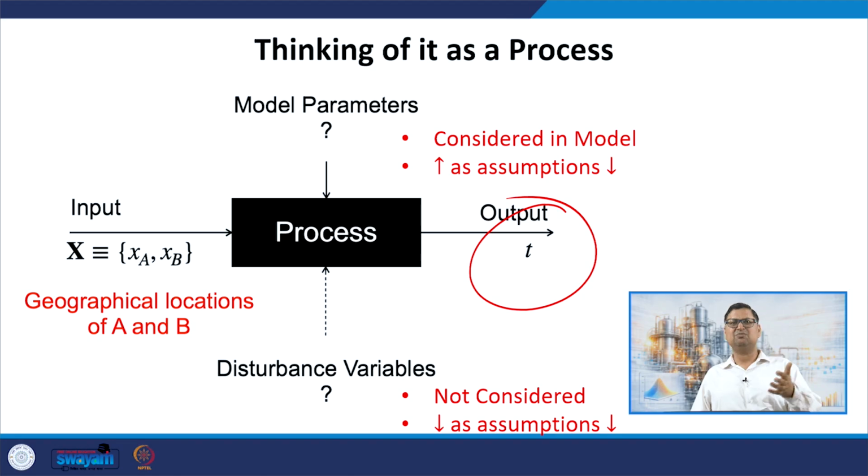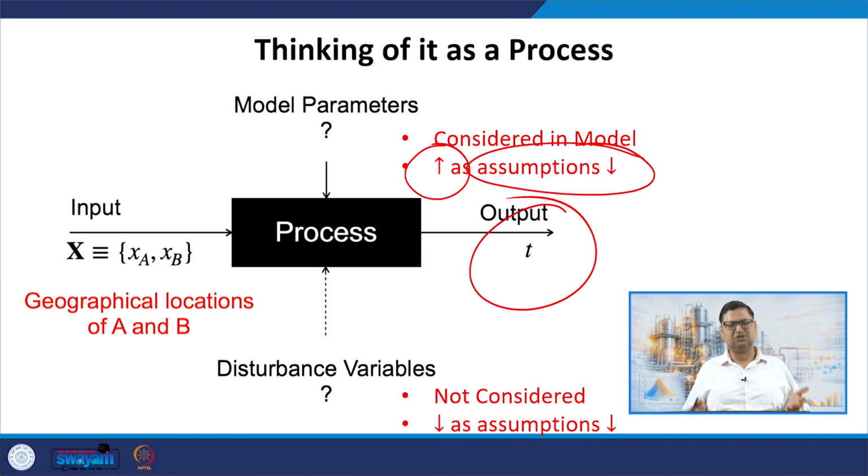And now I will introduce the model parameters. In the sloppiest model, I will have very few model parameters, as little as possible. Then as soon as I add more and more complications, the assumptions are going to go down and the model parameters are going to increase.